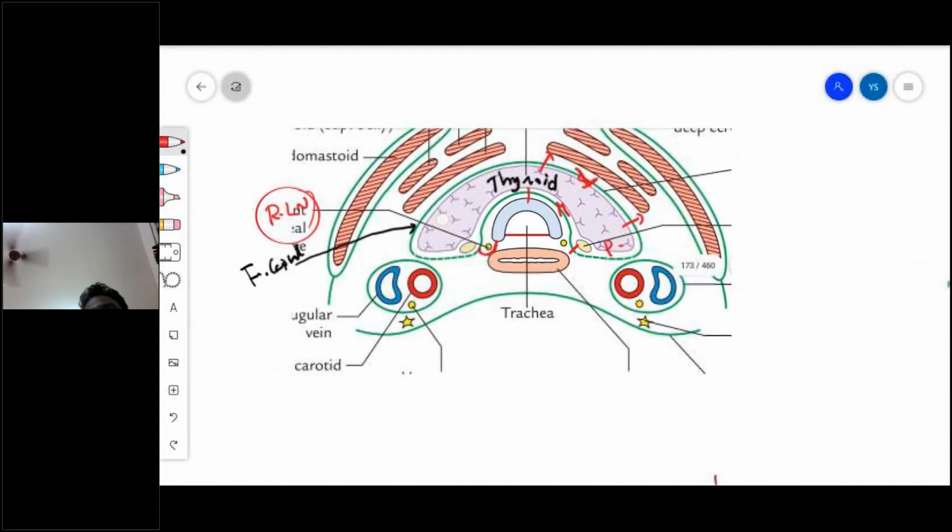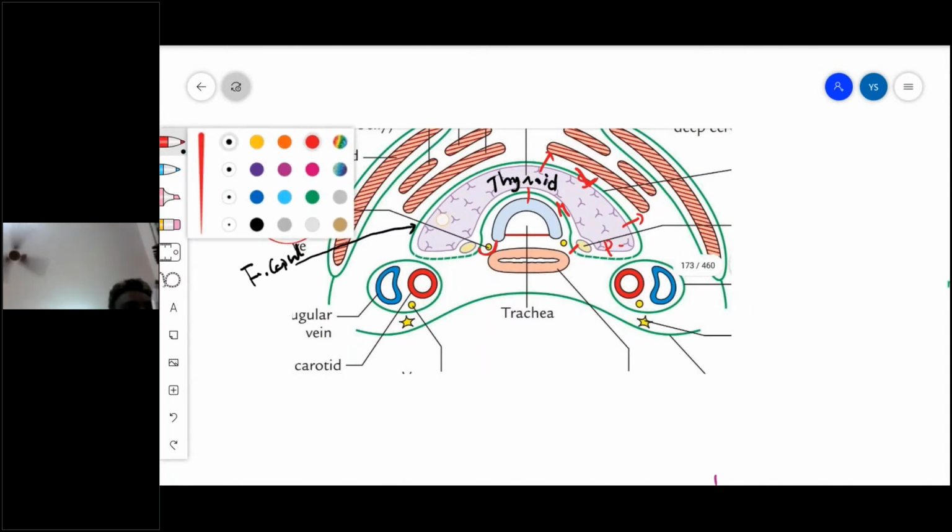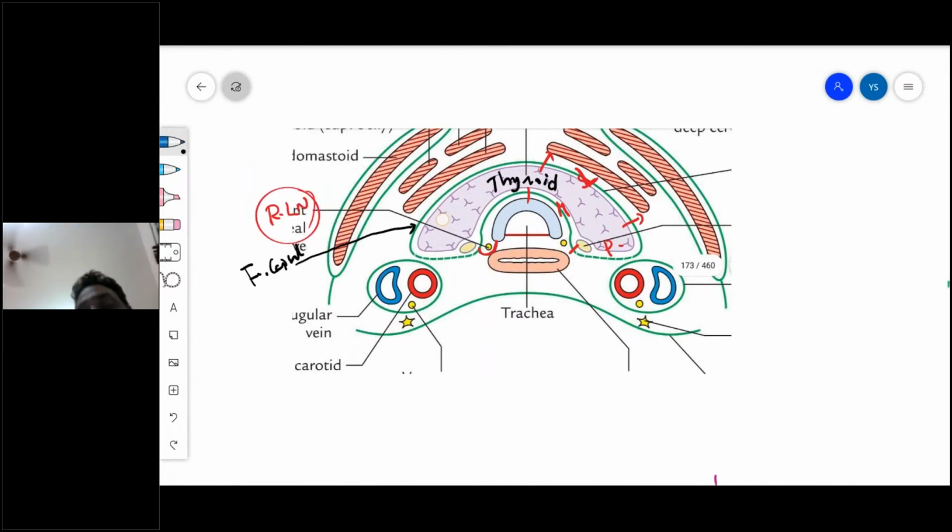Towards the lateral surface, here we can see the four muscles. Just I am writing the abbreviation in the notes; anyhow, I will extend. This muscle is the SCM, sternocleidomastoid. That's one muscle. And next one, sternothyroid.